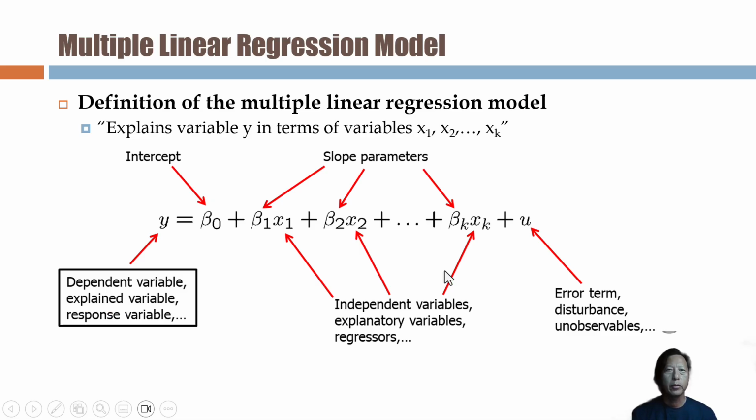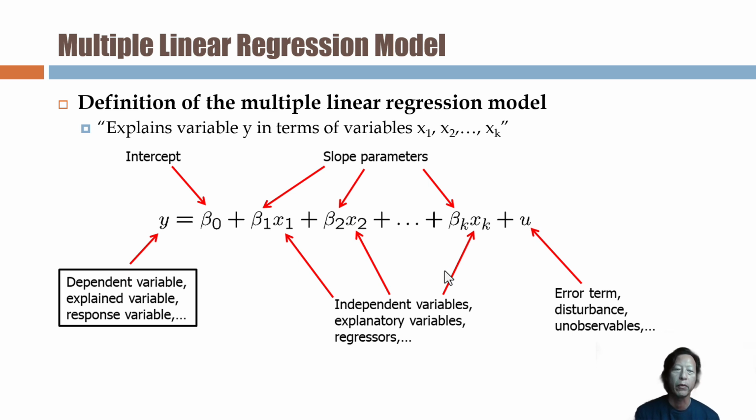Okay, the multiple linear regression model has this form. This is exactly the same as our previous section, the simple linear regression model, but the only difference is we have more than one predictor. We have more than one independent variable. So we can have 2, 3, 4, 5, many different independent variables.